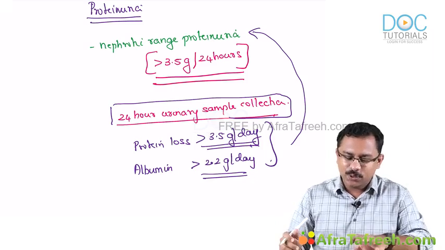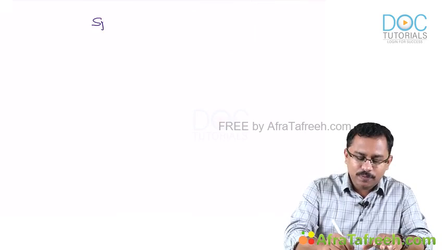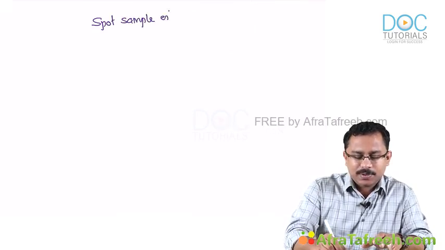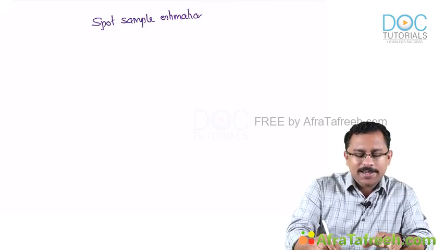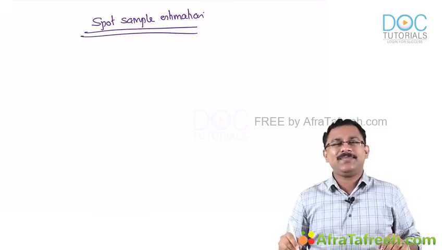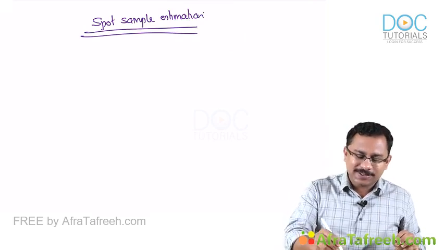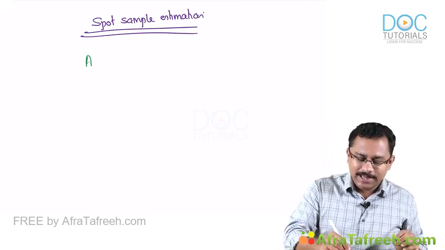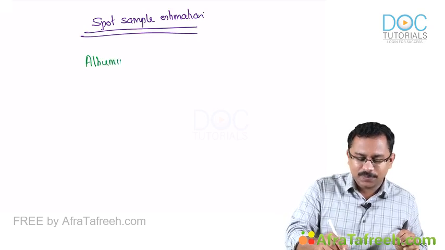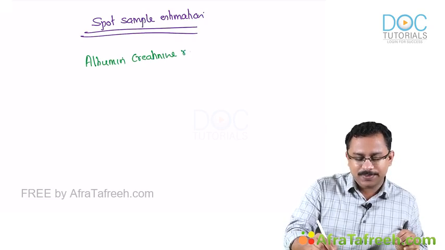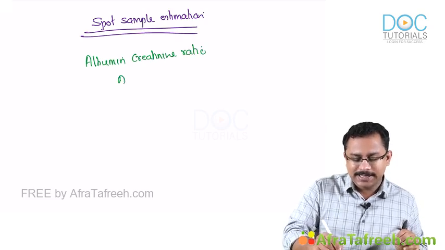Because of which you can go for a spot sample estimation. What I mean by a spot sample estimation is that in a single urinary sample itself, you can go for something known as the albumin creatinine ratio, or the ACR.